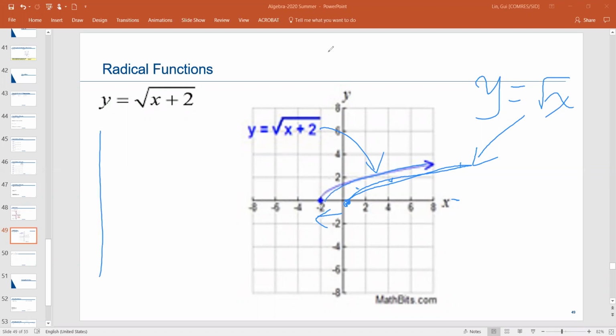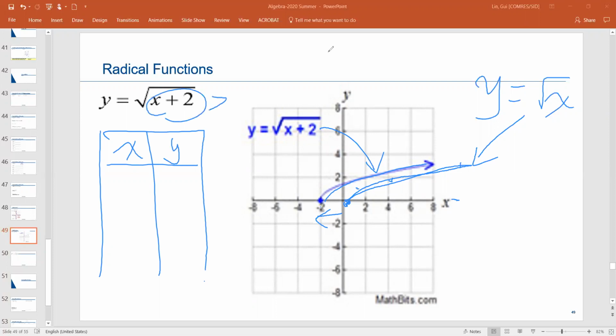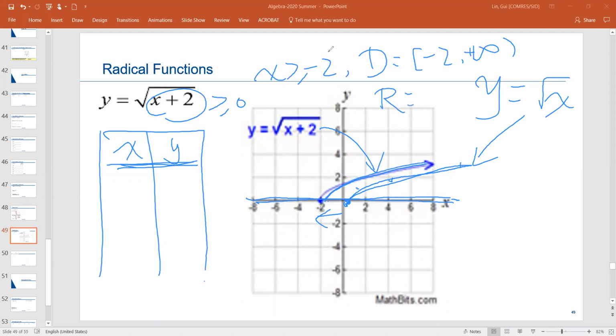Because you can also graph using the table, x and y, right? The underneath part should be greater than or equal to 0. So x is greater than or equal to -2. So the domain will be -2 to positive infinity. But what about y? y is only above here, right? y is above 0. Here y equals 0. So the range is still the same, it didn't change.